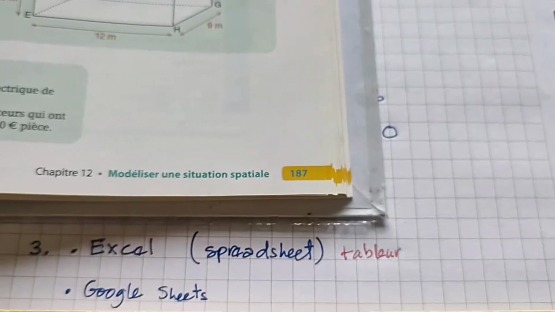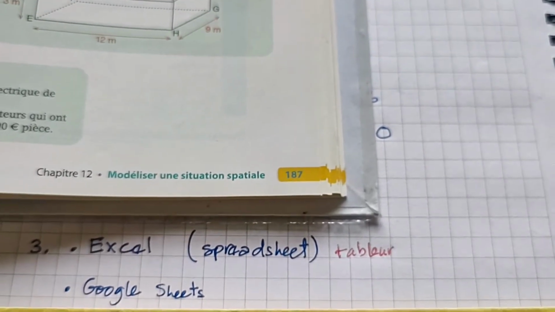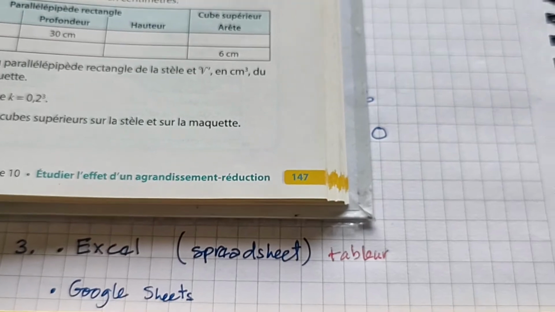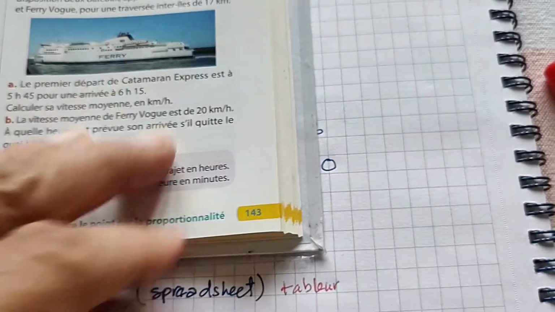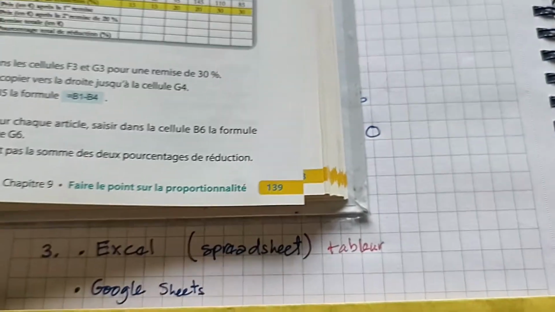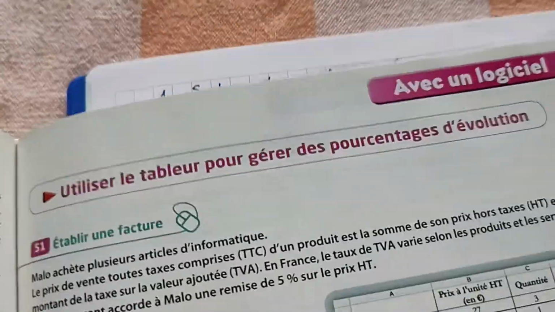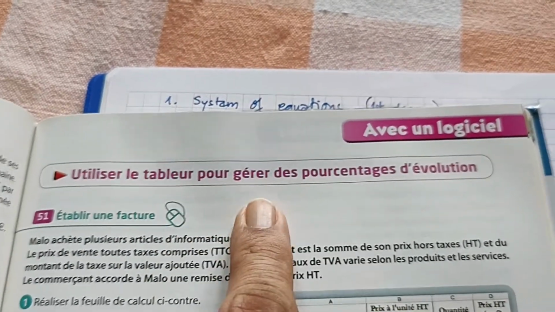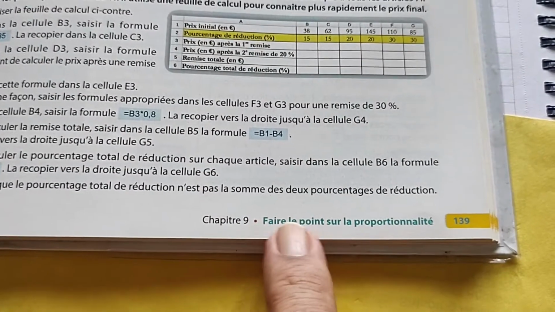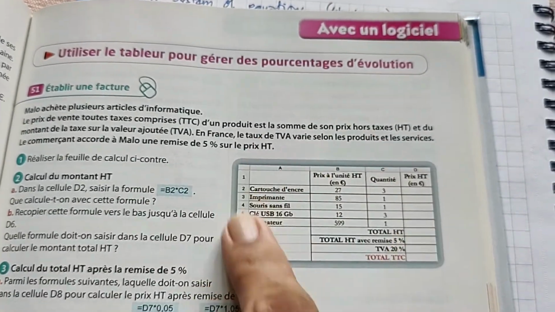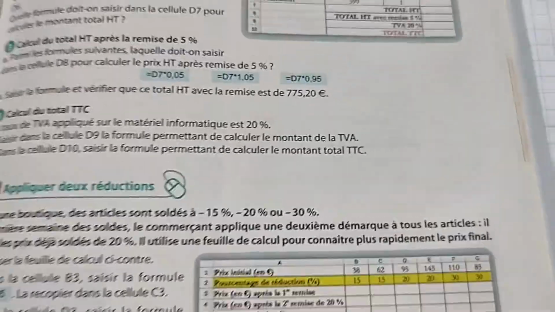If you have noticed them, I'm trying to find one place where they talk about using a tableur for something. Here we are. Utiliser le tableur pour gérer des pourcentages d'évolution. So this is in this chapter which we didn't do. Faire le point sur la proportionnalité. But here you can see this is a picture of a spreadsheet. Also this is a picture of a spreadsheet.